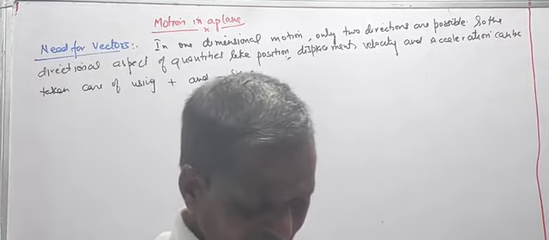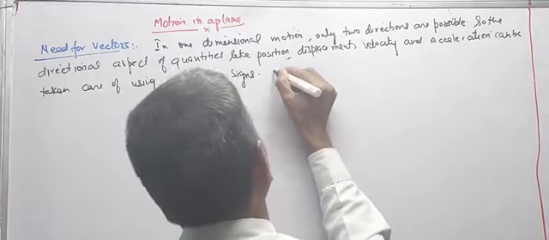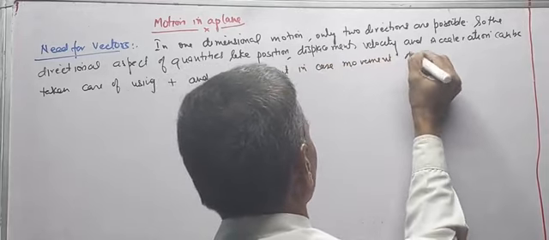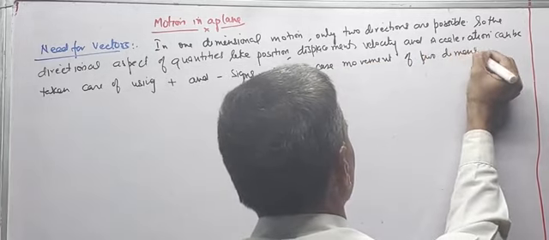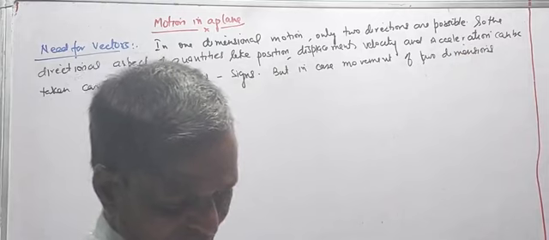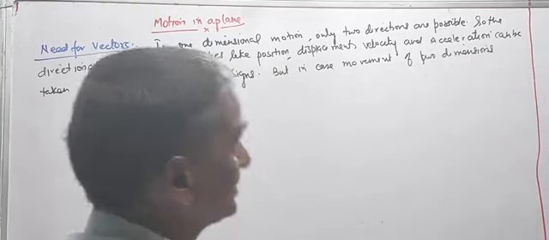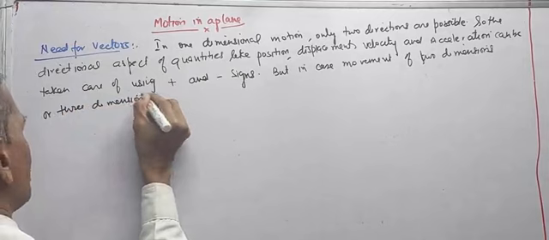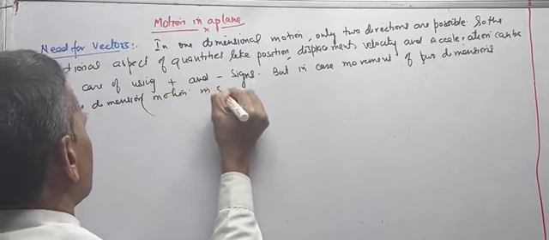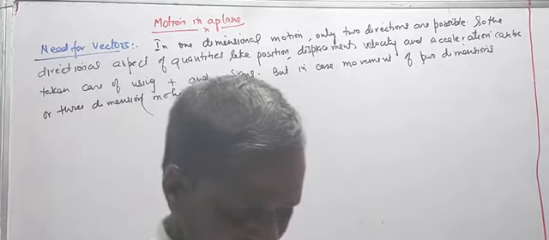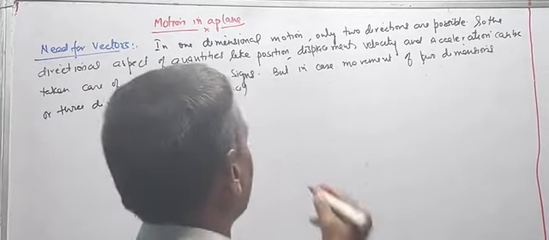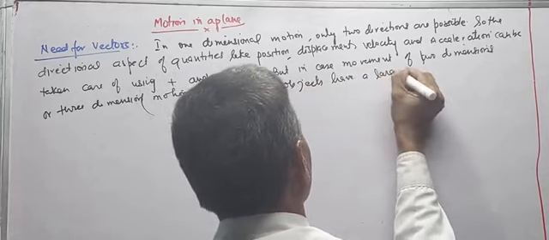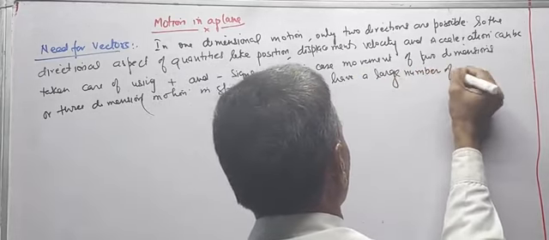But in case of movement in two dimensions or three dimensions, or motion in space, an object can have a large number of directions.